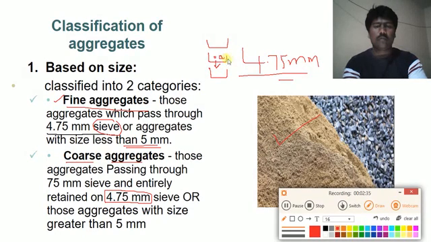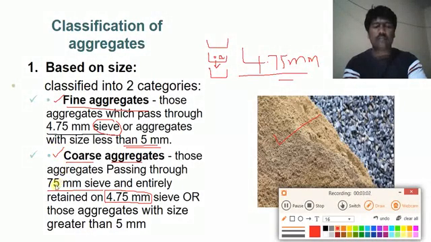But we said they have to be retained on 4.75 mm. Beyond this, there are so many sizes possible, and all of them are also coarse aggregates. Is there any limit? Yes, there is a limit. That is the 75 mm sieve. So the aggregates between 75 mm and 4.75 mm are called coarse aggregates.